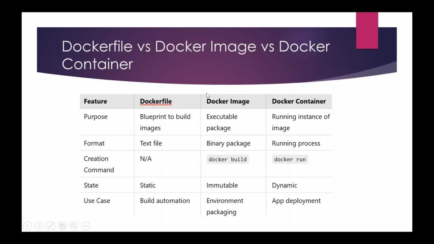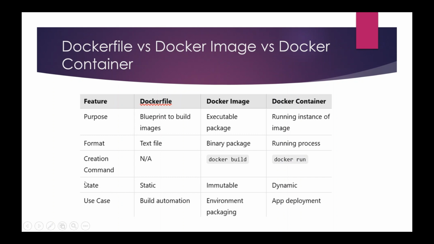Then only your Docker image will be built. Okay, for Docker containers, you will have to spin up the containers with docker run. You can supply all other things as well, like you can provide the Docker container name, you can provide all the port details, along with the image name as well.